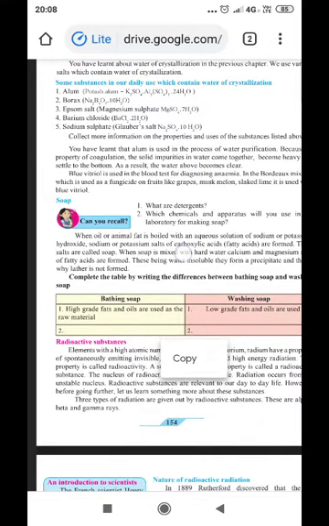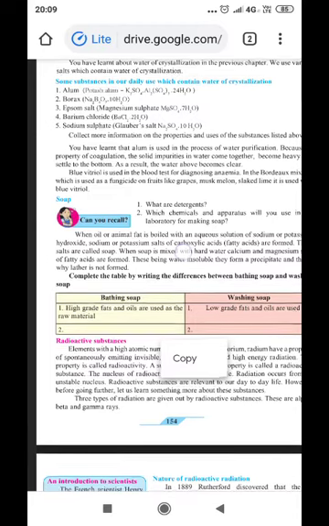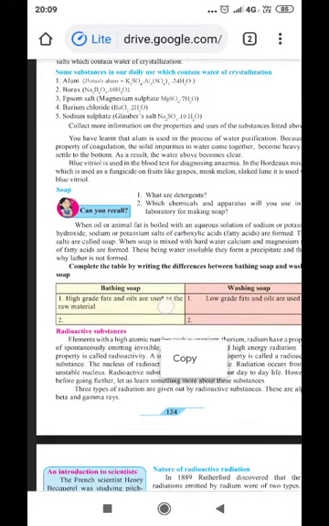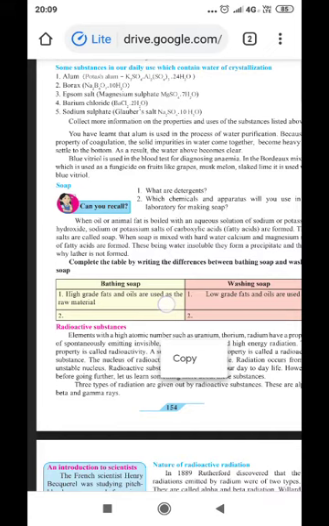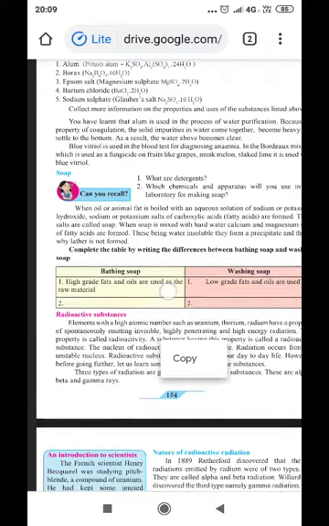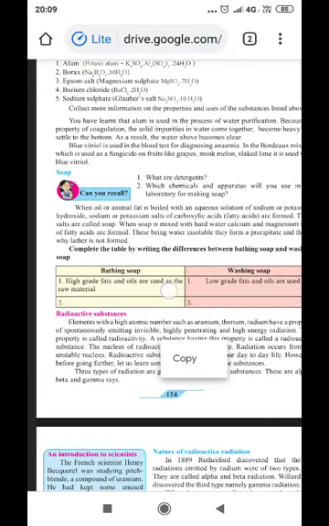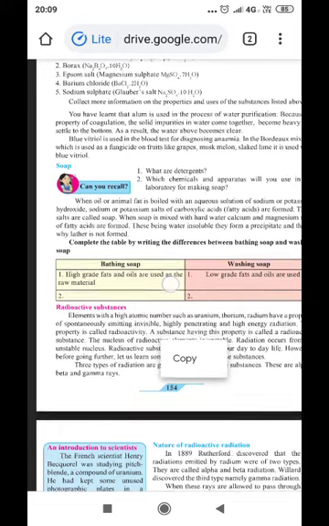Epsom salt, magnesium sulfate, MgSO4.7H2O. Then barium chloride, BaCl2.2H2O. Sodium sulfate, also called Glauber's salt, Na2SO4.10H2O. Collect more information on the properties and uses of some substances listed above.